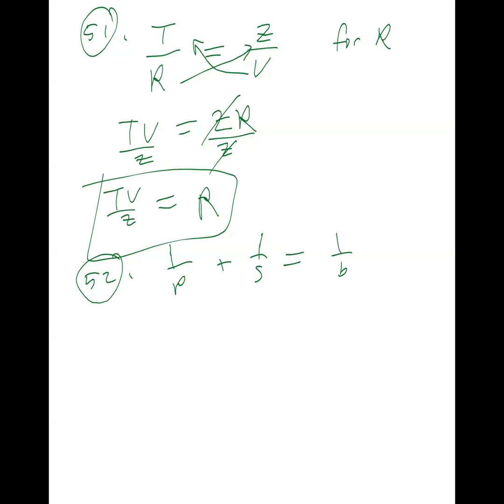So 1 over P plus 1 over S equals 1 over B. We have to try to get B by itself. There we are. Because we want to be all that we can be. The Army's motto used to be all that you can be. But then all the students got B's, so they didn't have that motto anymore. Just kidding. So solve it for B. How do I solve it for B?